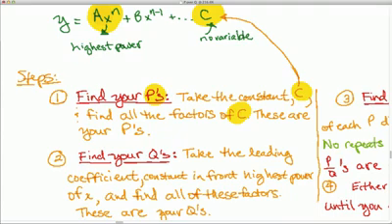For instance, let's say our constant C was 4. Your list of P's would be plus or minus 1, plus or minus 2, because 2 times 2 is 4, and plus or minus 4, because 4 times 1.